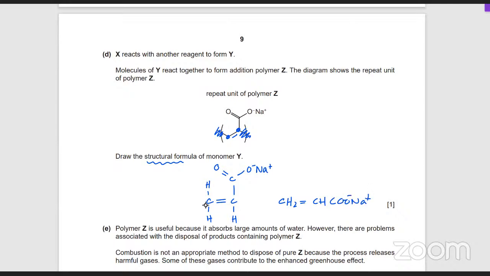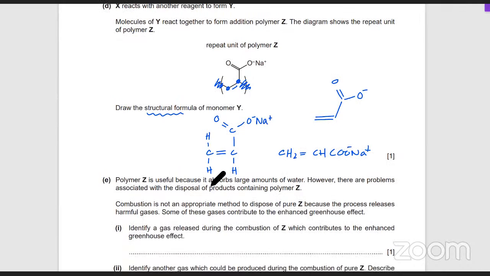I could have written it like this, or I could have drawn a skeletal formula as well. All of them are structural formulas. When it is specific, like just draw the skeletal formula or just draw the fully displayed formula, then you have to be specific. Structural formula is the most general term of drawing or writing the answer. Just any formula that gives you the structure.